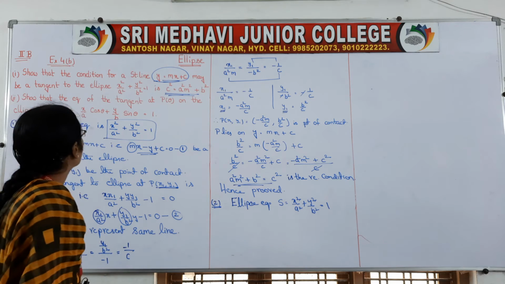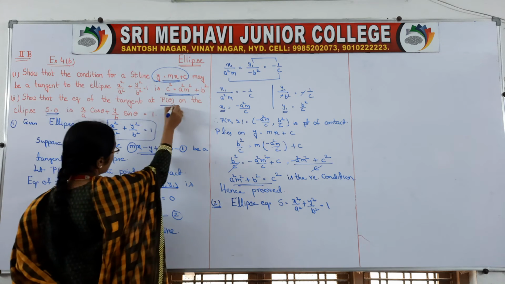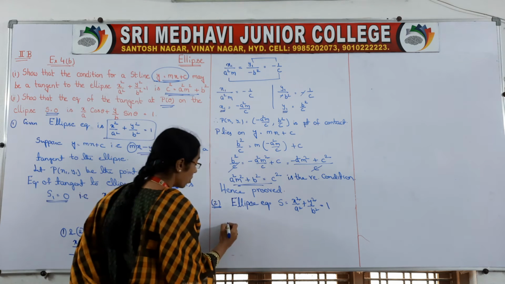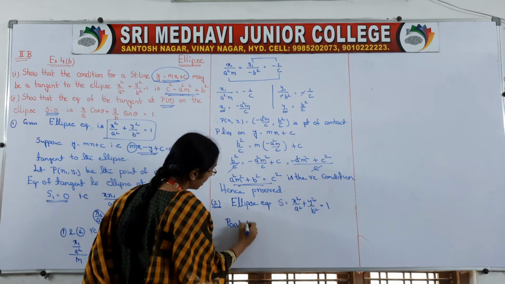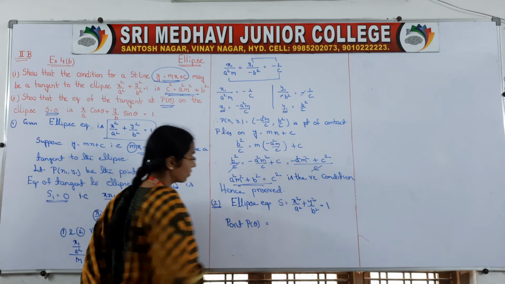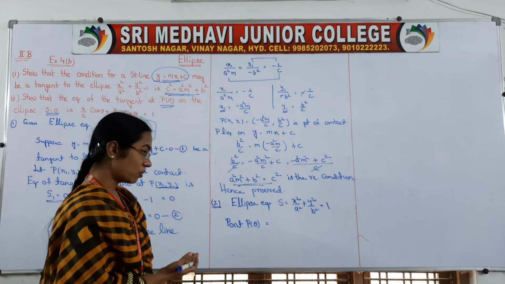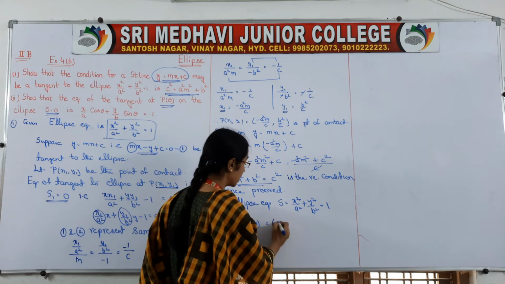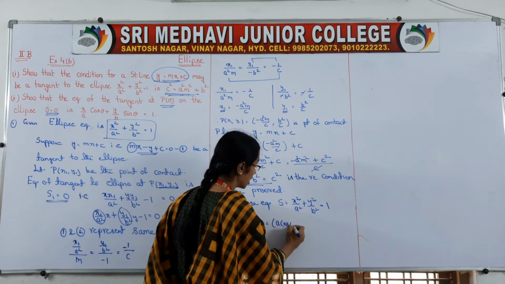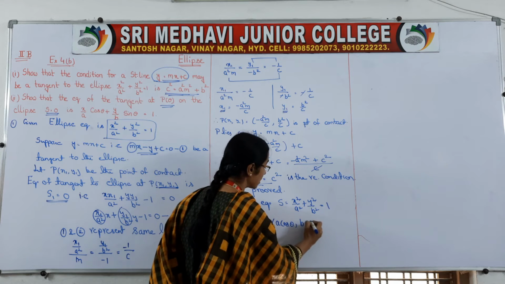Next we have to take the tangent at P(theta). The point P(theta) is, so we have to take the coordinates in terms of theta now. So, it is (a cos theta, b sin theta).